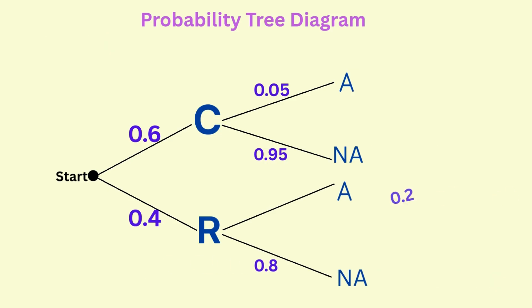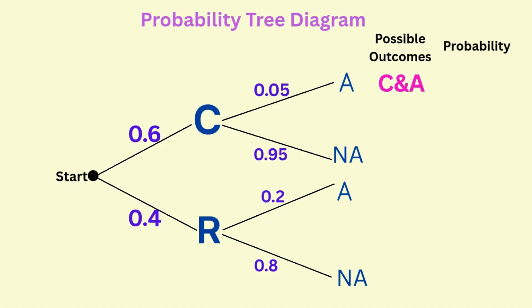Let's multiply along the branches to find the probability of all the possible outcomes. The probability that a cautious driver will get into an accident is 0.6 times 0.05, which is 0.03. The probability that a cautious driver will not get into an accident is 0.6 times 0.95, which is 0.57.